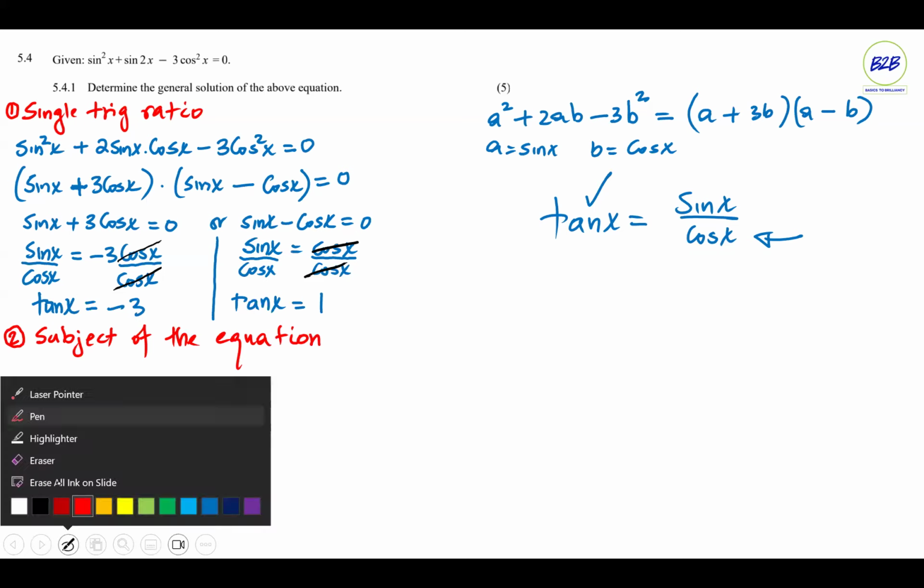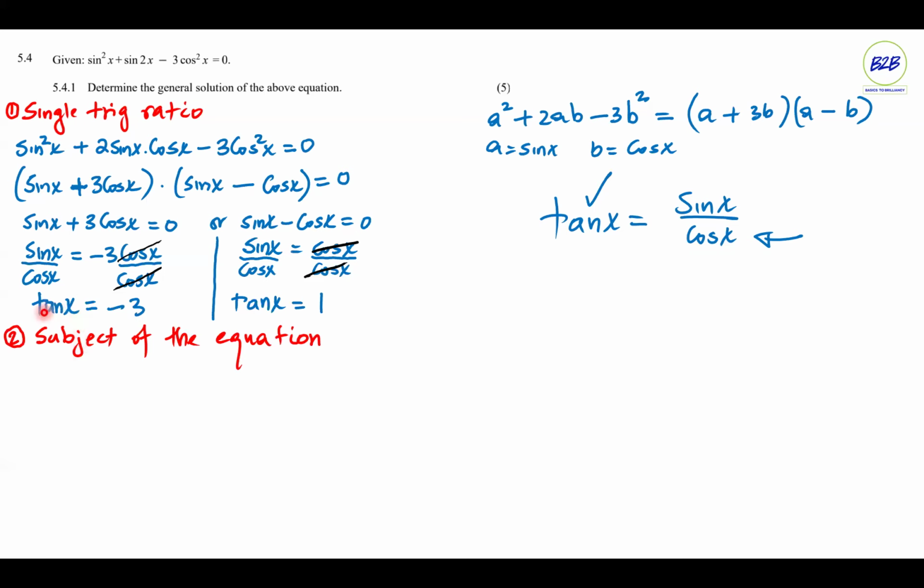And we are fortunate enough because in our first equation, we already have tan of x as the subject of this equation. In our second equation, we already have the trigonometric ratio as the subject of the equation.